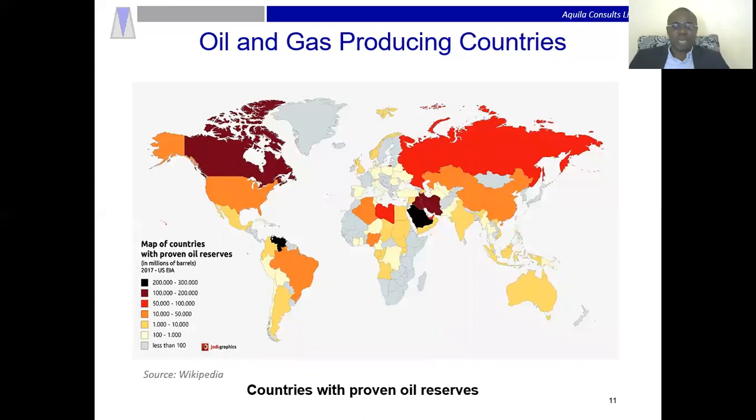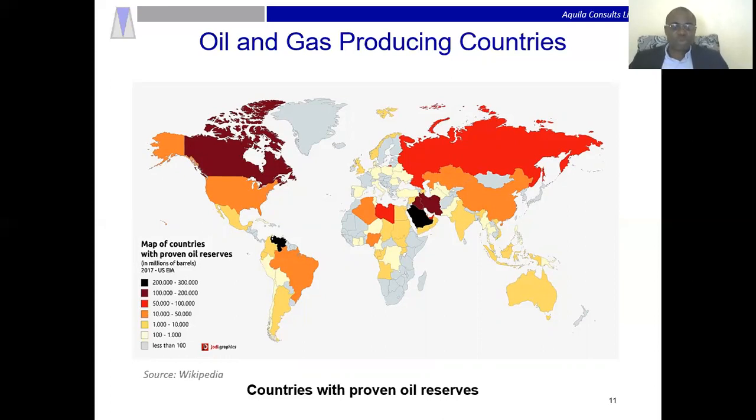So the next slide shows the graph of how oil is distributed. The black color and very deep refers to the countries with higher production, and the lighter colors refer to countries with less production. So from the map, we can see that on one hand, you have Venezuela and Saudi Arabia.